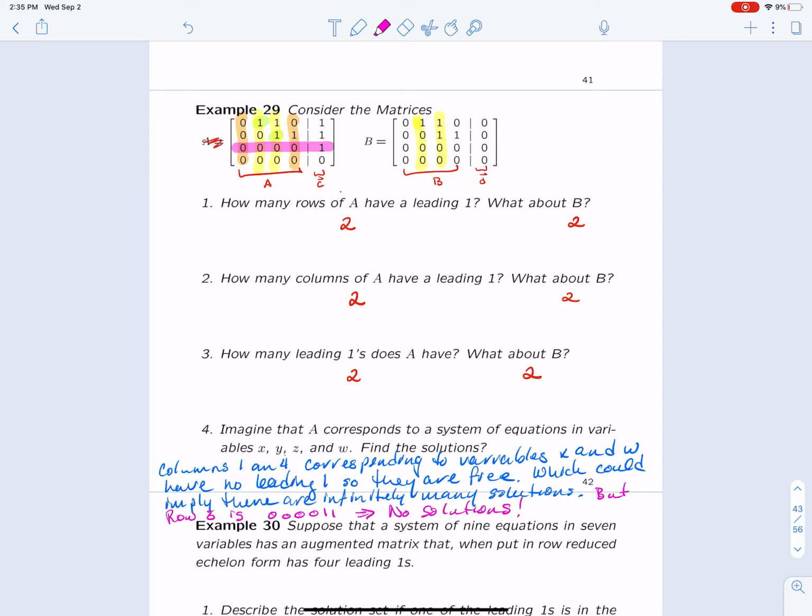Notice that when I'm over here, that same row is just a row of zeros.